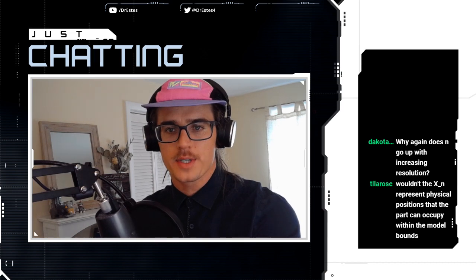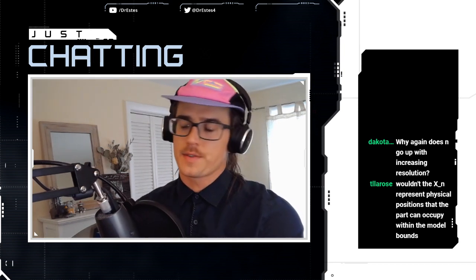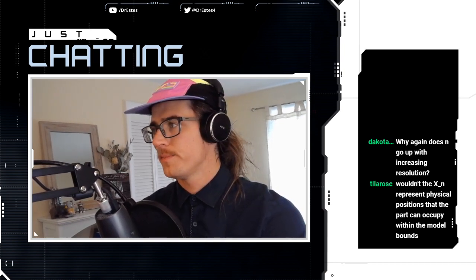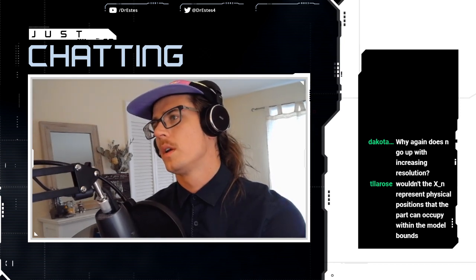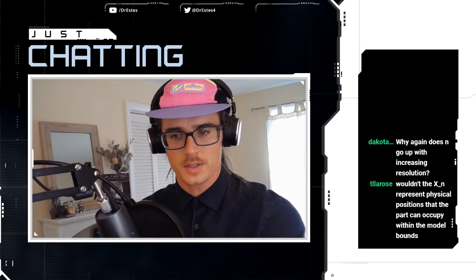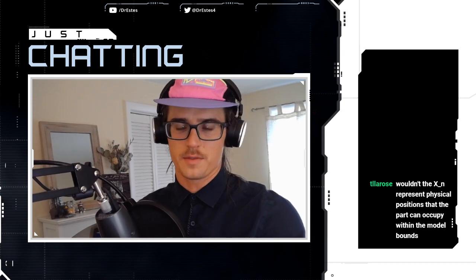Wouldn't the xn represent physical positions that the part can occupy within the model bounds? You got to be careful with states. Okay, well, for a physical system, often we're talking about position and velocity for states.